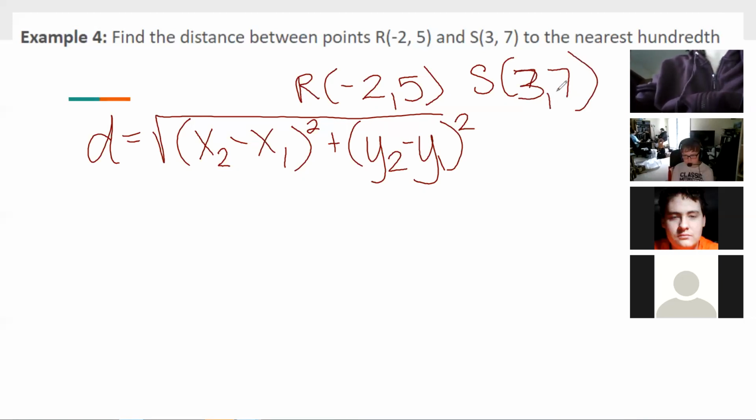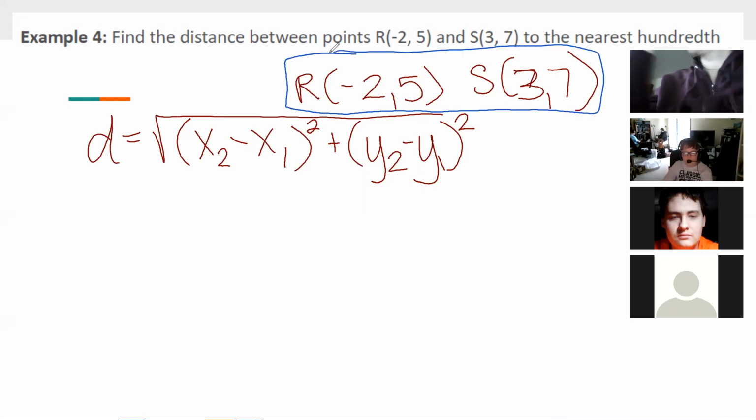Of these two points, which one is x2? This time it'll be 3. Yeah, I agree. It's the second x value, so we call it x2. And what about x1? -2. Yep, very good. And remember, it's completely up to you. You just have to pick the x's.